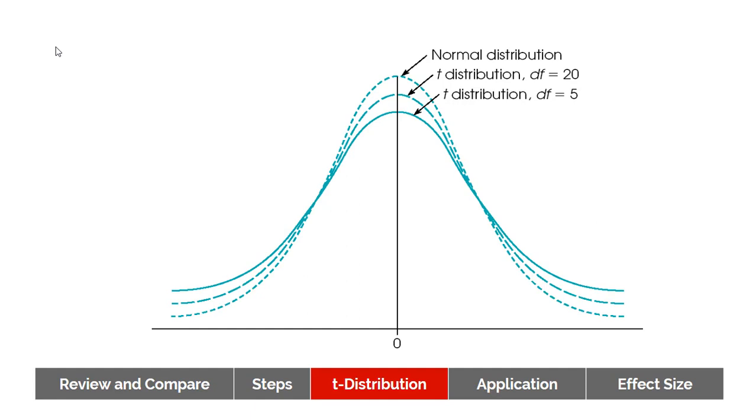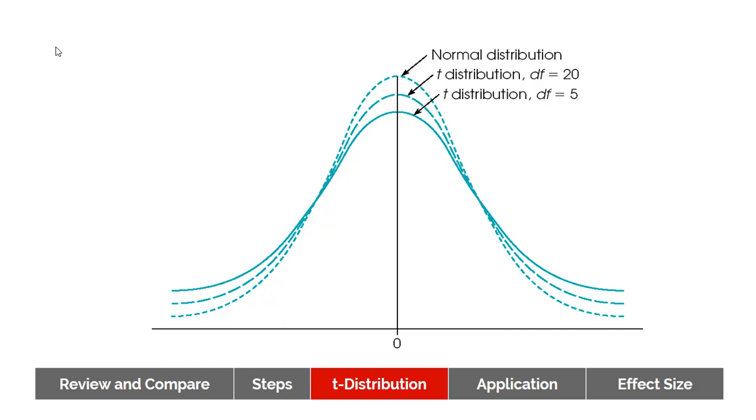So the very top curve is the normal distribution, and we're all familiar with this. We've been working with this normal distribution, this z-distribution, the whole semester. But the two curves below it are samples of what a t-distribution would look like. Now, the z-distribution is one distribution, but the t-distribution will look different depending on your degrees of freedom, in other words, depending on the sample size.